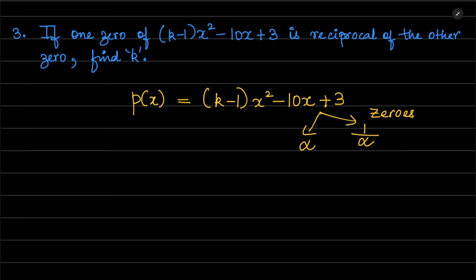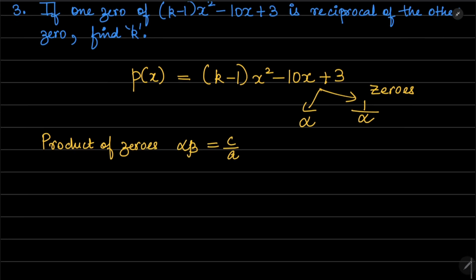Right? So whenever you have to find k, since it is a reciprocal, we can directly find out the product of the zeros. What is the formula? Alpha beta is equal to C by A. So alpha multiplied by beta, which is 1 by alpha, is equal to C, which is 3, divided by A, the coefficient of x square, that is k minus 1.